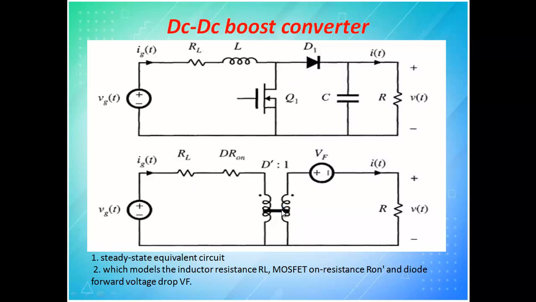What I have changed here is, the inductor will have some resistance, which I have modeled as RL, the MOSFET on resistance R on, and the diode forward voltage drop VF.